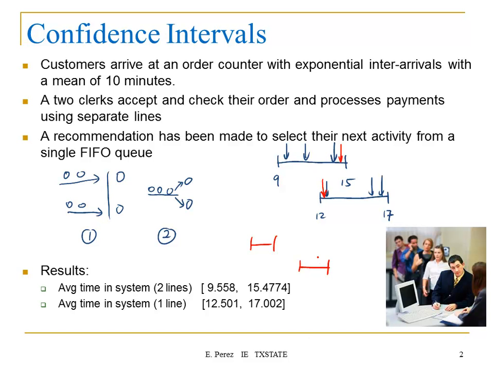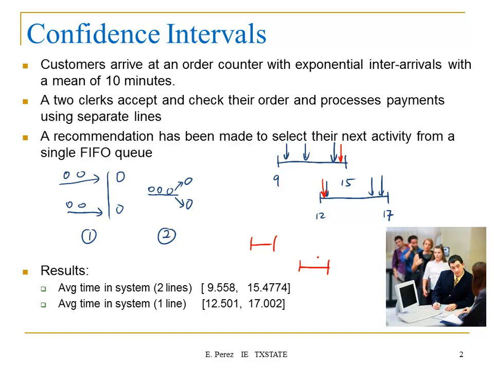So that's why we use confidence intervals, because we are only basing our decisions on samples. We are not studying all the population. So if you construct some confidence intervals for these statistics, you also have to make sure that your confidence intervals do not overlap if you're trying to compare them.